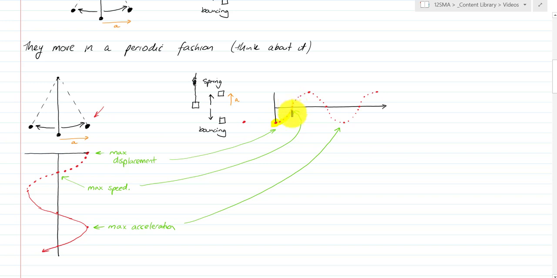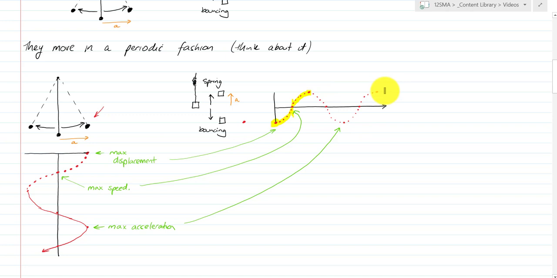You can see it's steepest here, and therefore that's where it's got the fastest speed, the velocity, and then goes up to the top. It's got zero velocity there, but that will be the maximum acceleration, which makes sense, and also matches that acceleration is proportional to the distance, and that's the furthest distance from the center of motion, and it just continues to do that.